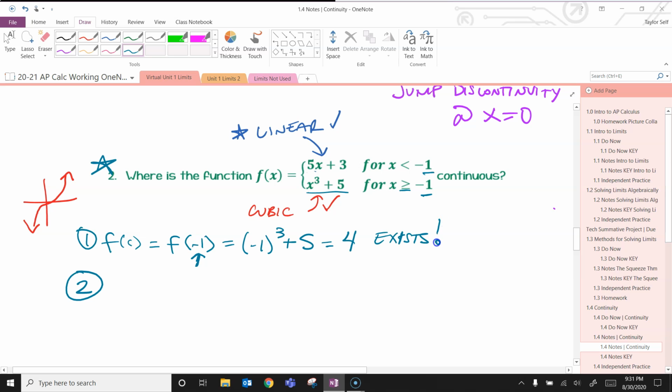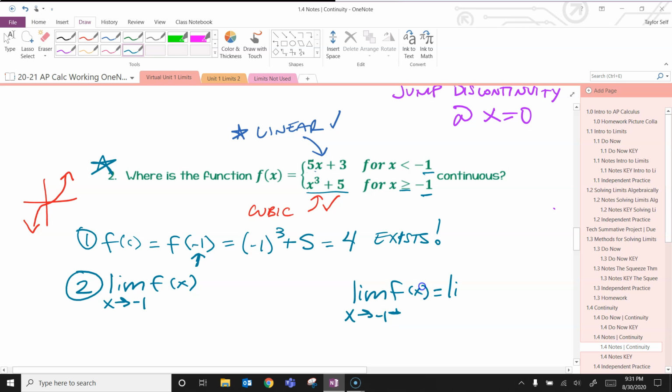Step 2. What about the limit as x approaches c, or in this case, -1 of f of x? Does that exist? Well, as you know, we need to check both the left and the right limit. So let's go ahead and do that very quickly. We're going to do the limit as x approaches -1 from the left of f of x.